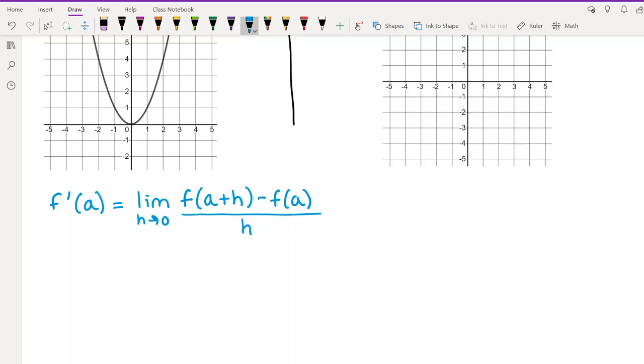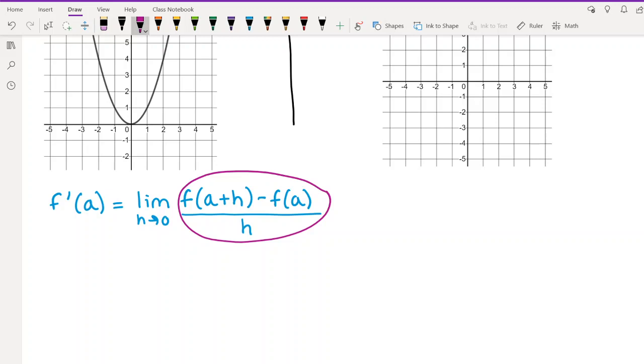And just to remind you where this comes from, because I would really like it if, rather than just blindly memorizing this, you understand why this works. This part here is the slope of the secant line between 2 close by points, right? Whatever a is, that's your place where you're trying to find the slope.